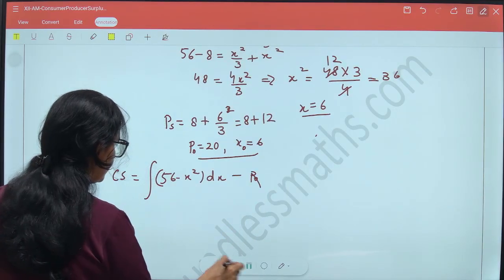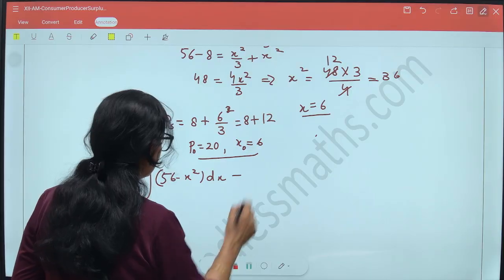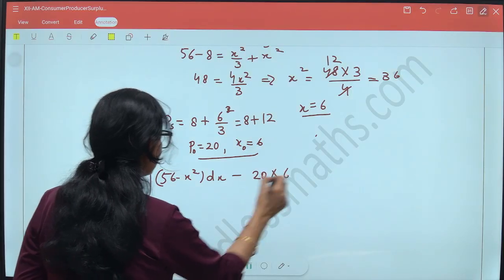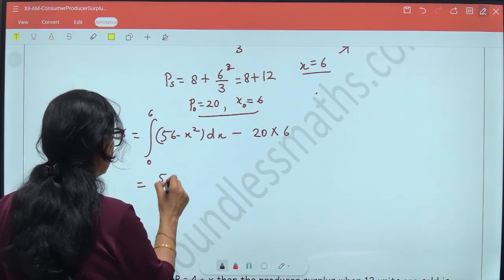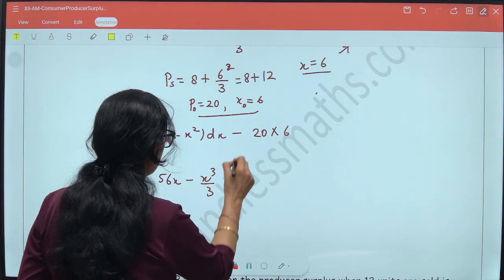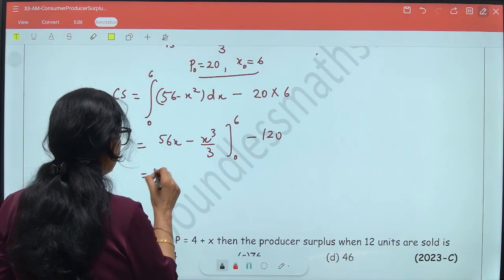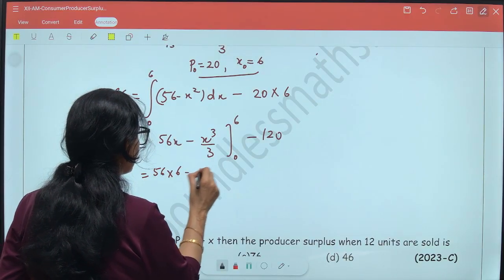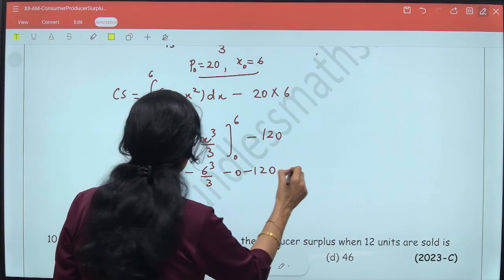What is the equilibrium price and quantity here? So it is given to you as 20 into 6 and the limits for the integral are 0 to 6. So let's integrate. It becomes 56x minus x cube by 3 and the limits are 0 to 6, minus 120.